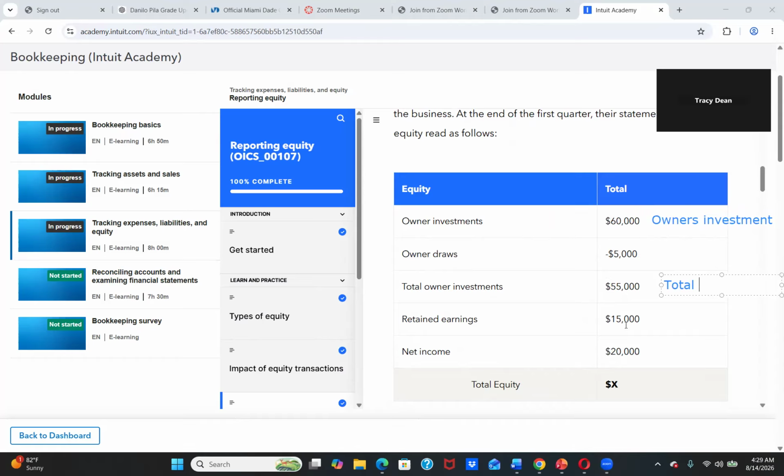Now that you have got this money, what are the two amounts that you add back? You're going to add your retained earnings. And remember, retained earnings comes from prior year. And when you add your retained earnings of $15,000 and $20,000, what amount do you get? That should be about $90,000. Everybody, you should have gotten about $90,000. So let's go ahead and look at that.